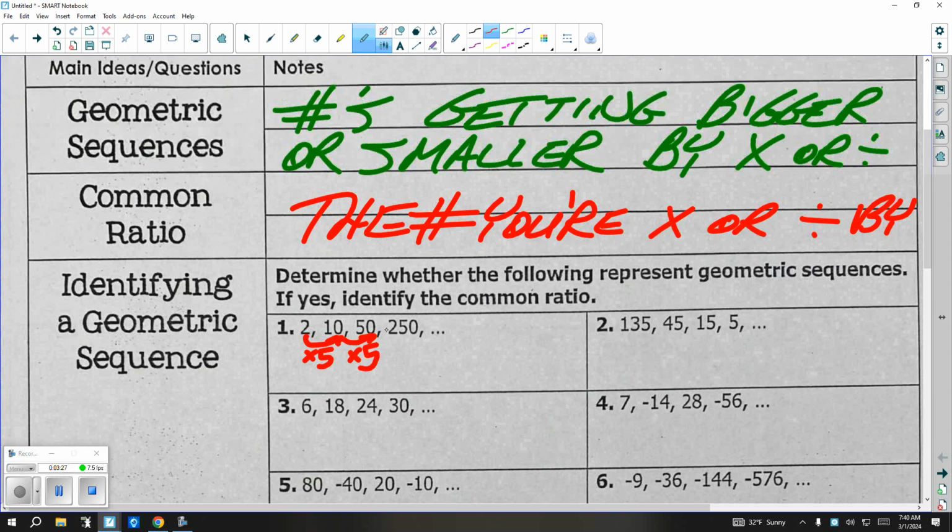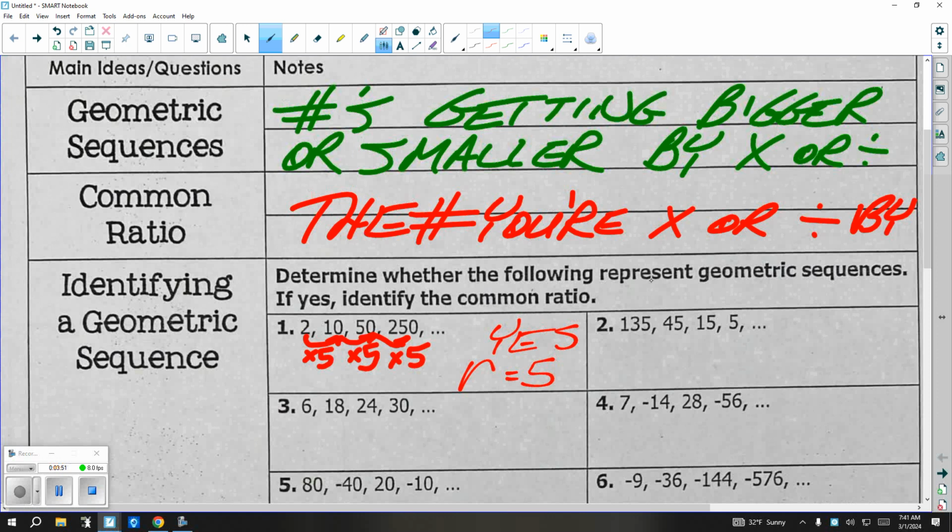To get from 50 to 250, you're multiplying by 5. That looks terrible. I need a thinner pen and much smaller. So that means, is it a common ratio? Yes. And the ratio is 5. Oh, well, that was easy.